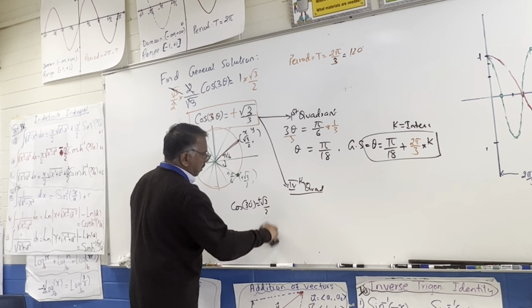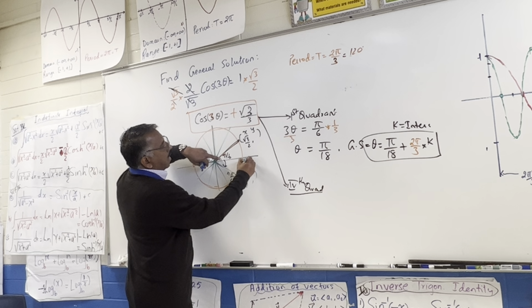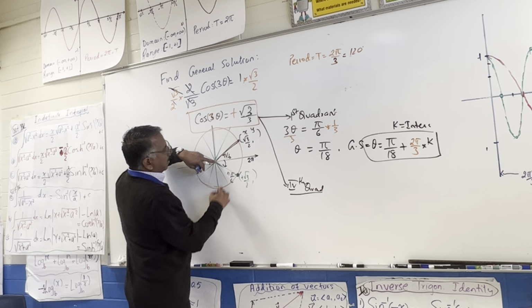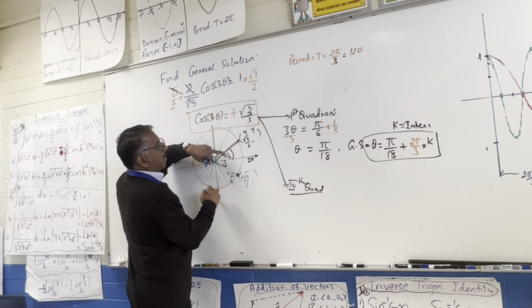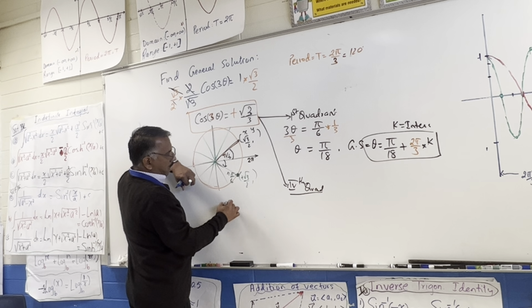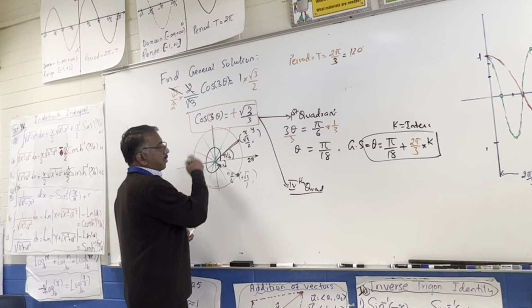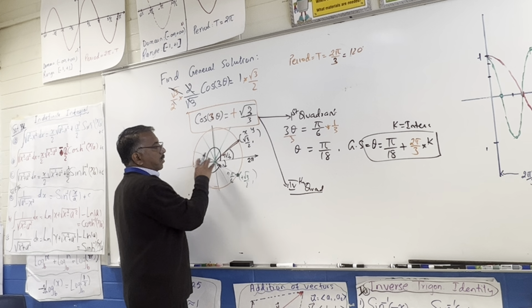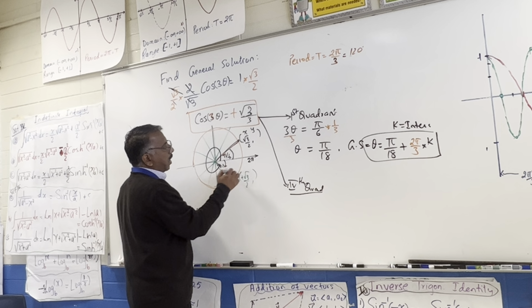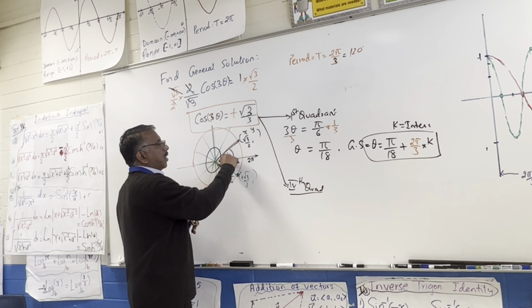Or you can also do this: the full circle is 2 pi. If you know the angle in the first quadrant, then in the fourth quadrant it is 2 pi minus that angle. So instead of going this way, you can just say, from 2 pi you take away pi by 6.